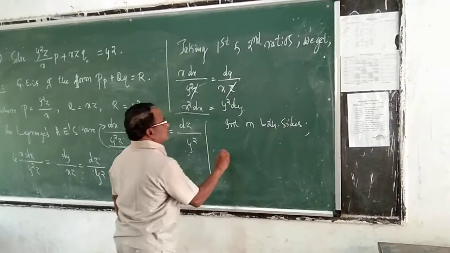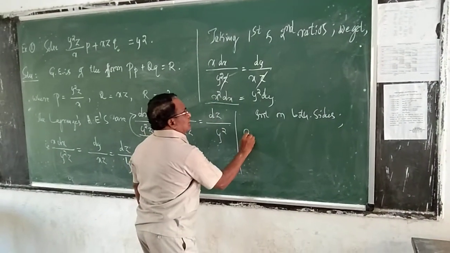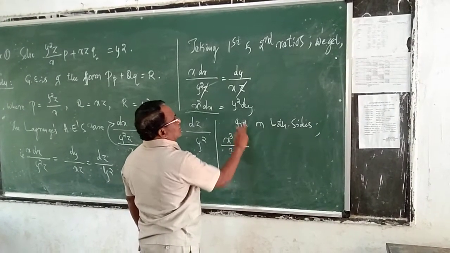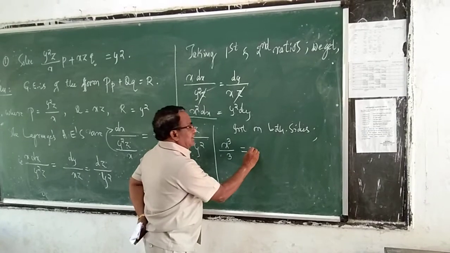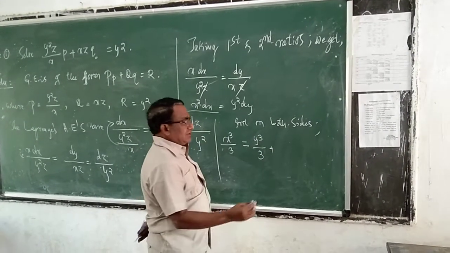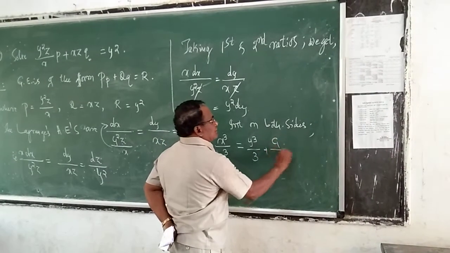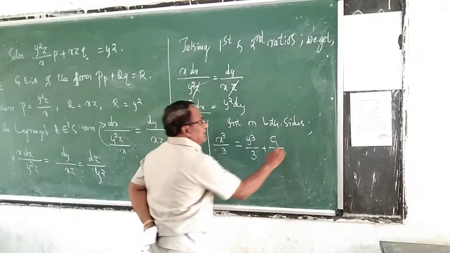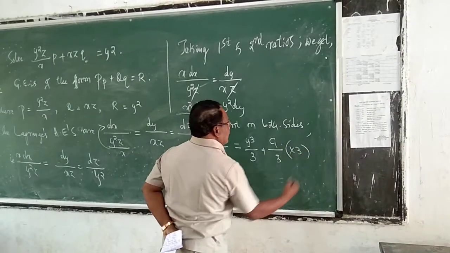We get integration of x squared dx is x cube by 3 is equal to integration of y squared dy is y cube by 3 plus, take the constant as c1 by 3, and multiply this by 3 throughout.